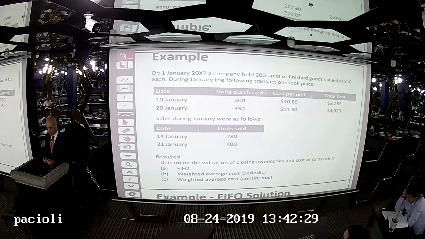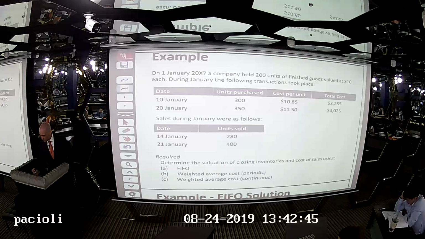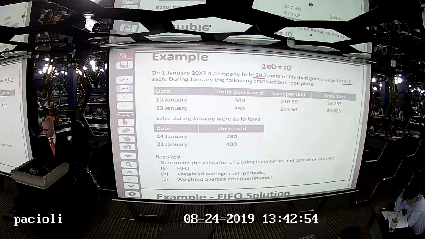So this example says, on 1 January 2007, a company held 200 units of finished goods valued at $10 each. So this is the opening inventory, 200 times $10, 2,000.